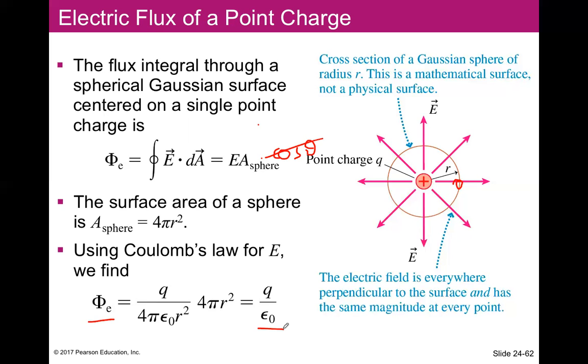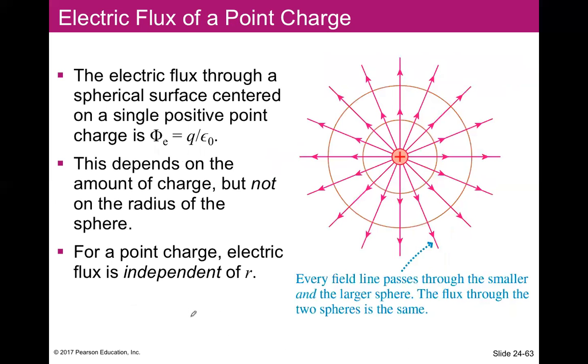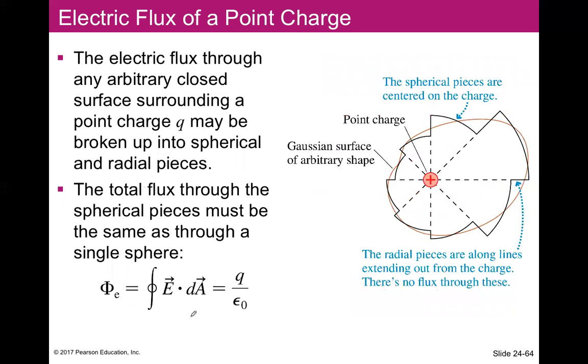Or even if it's not a spherical surface, it could be any surface which is enclosed, and it has even point charges or continuous charges inside the surface. No matter what, this equation is always true. It can be extended to more general cases. And this equation is the so-called Gauss law.